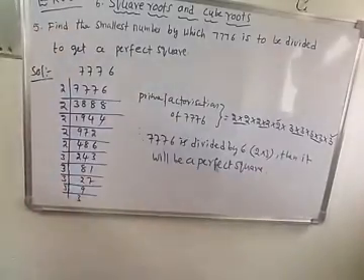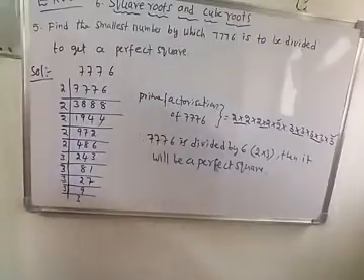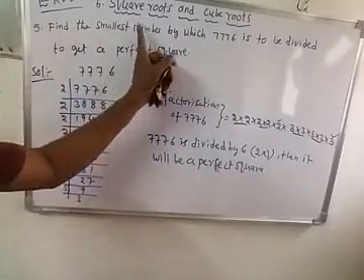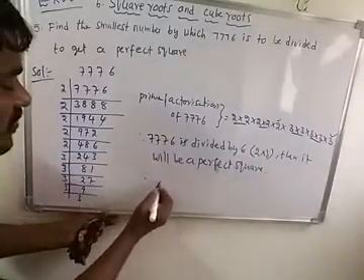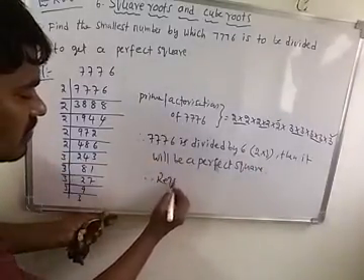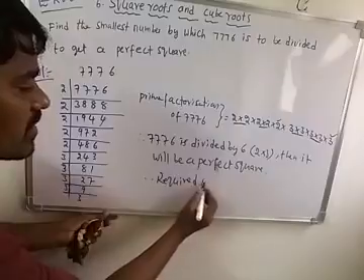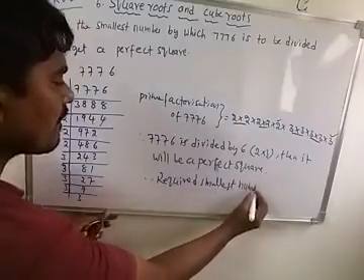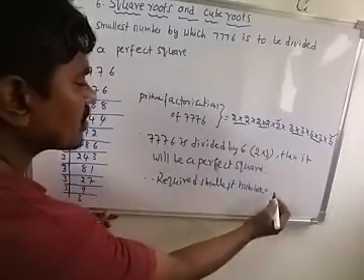Okay, right. Next problem. So here what is the smallest number? The smallest number is 6. Therefore the required smallest number is equal to 6.